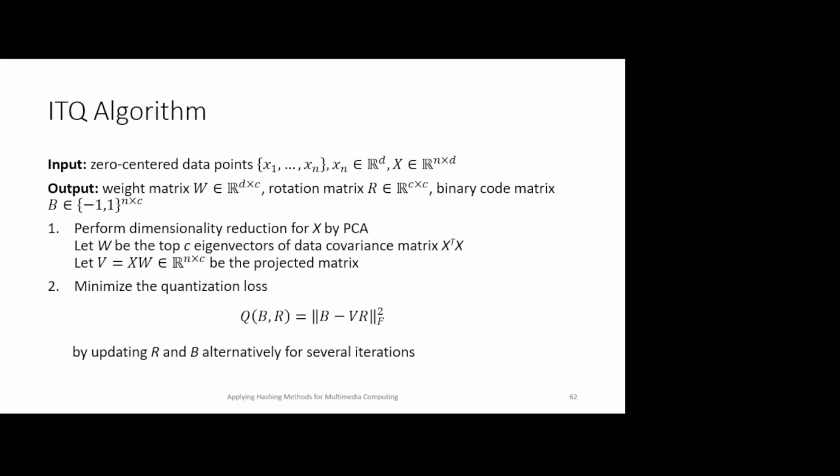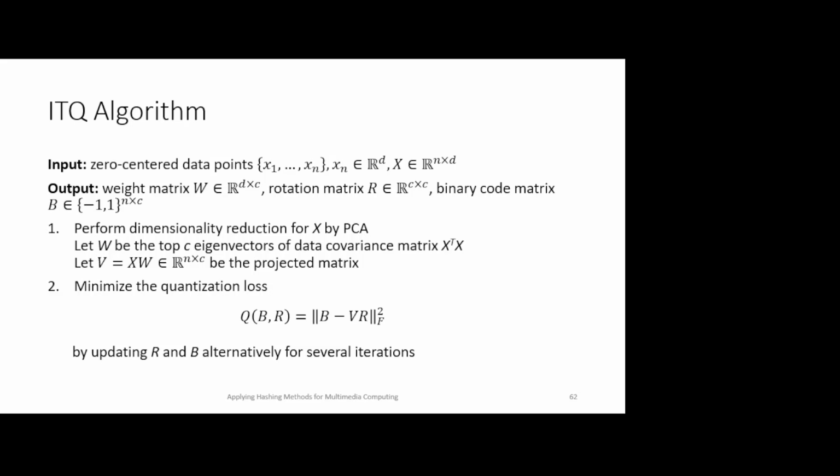Okay. Then the second step, we try to minimize the quantization loss. It is formulated like this, the loss function. I give you the binary code and the rotation. I hope to minimize the distance between the binary code and the reduced vector times the rotation.